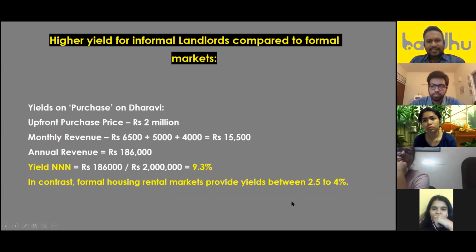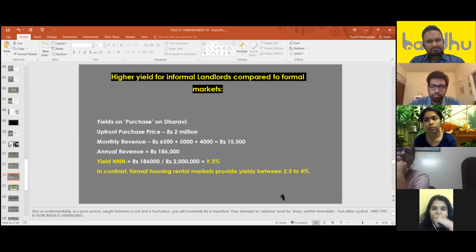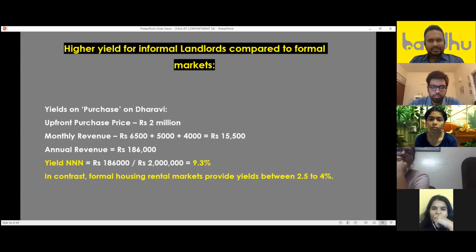You can rent that for, let's say, 25,000 rupees a month. That is approximately 3 lakhs per year, right? So you say 2 crores I bought, and I'm only getting annualized rent of 3 lakhs per year. That is less than 2.5% yield.